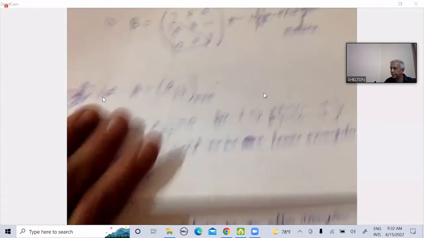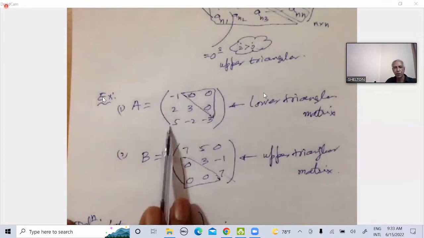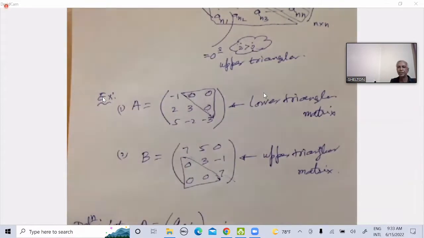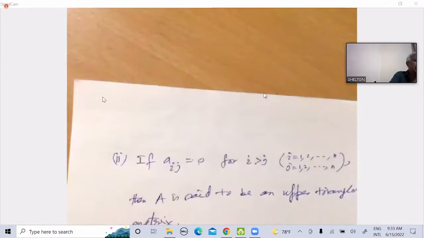Upper triangular here, lower triangle is 0. That is why it's said to be upper triangular. Lower triangular, upper triangle consists of zeros. Okay? So those are the definitions of upper triangular and lower triangular matrices.